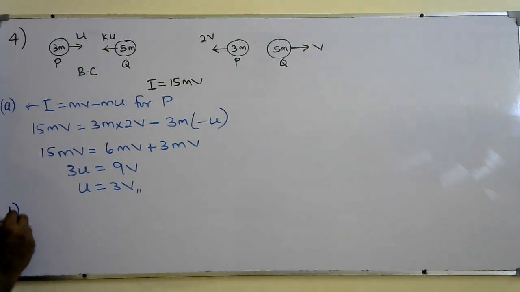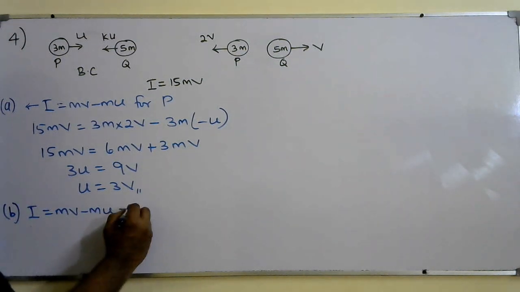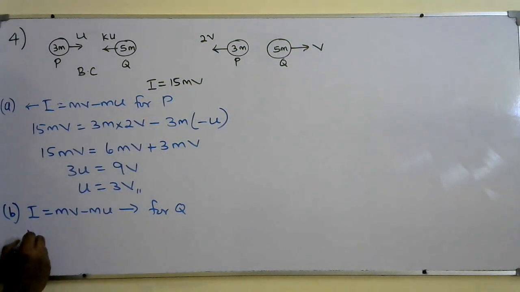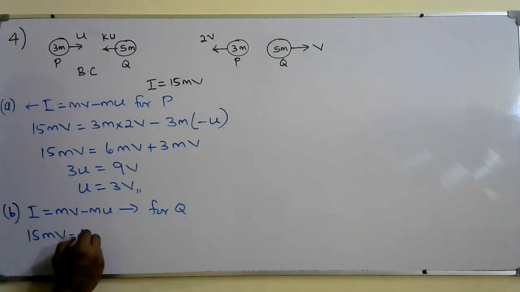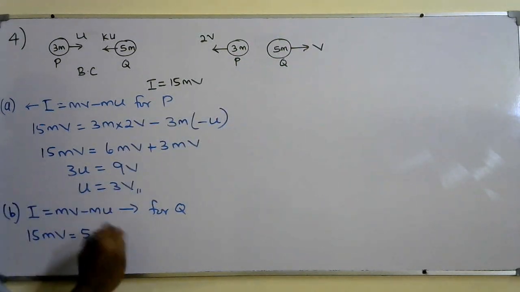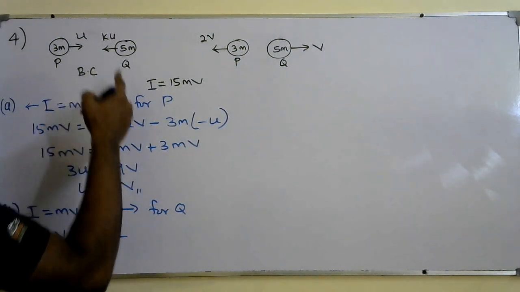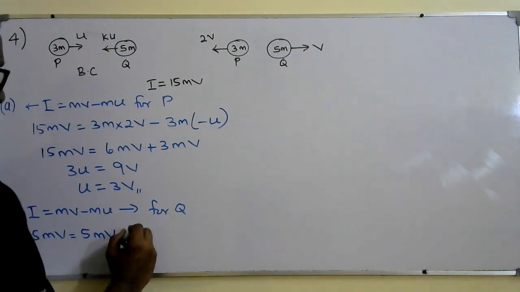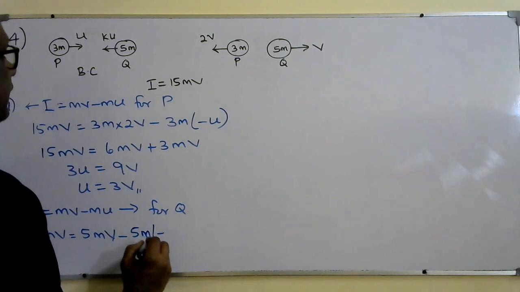Now B part, I is equal to mv minus mu towards right for Q. Same impulse, 15 mv, mass of that is 5m, final velocity is towards right, minus initial velocity of this one, Q is towards left, so 5m minus ku.